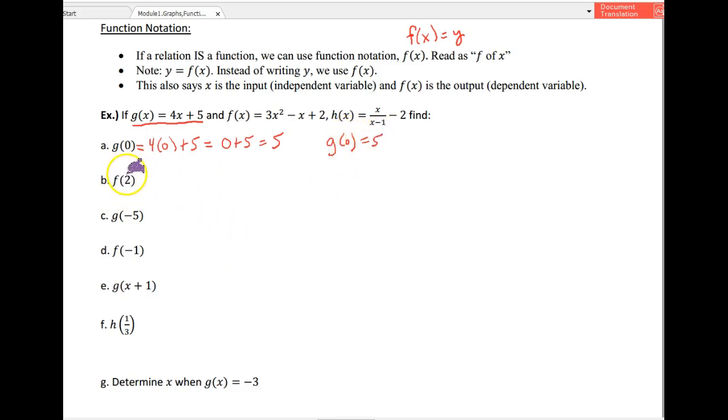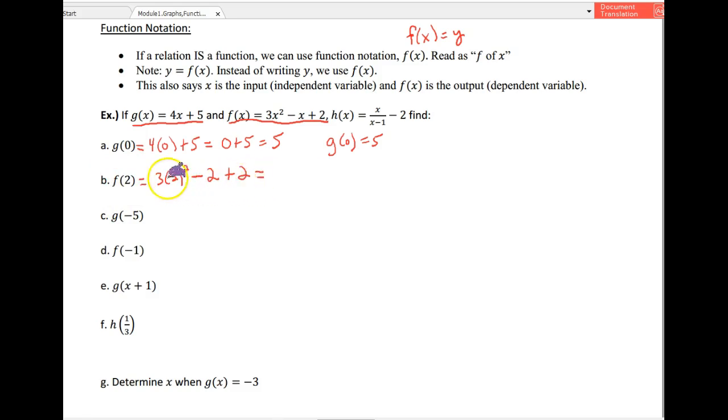And do the same thing with function f. So now I'm using the second function here. And everywhere I see an x, I'm going to plug in 2. So 3 times 2, that quantity squared, minus 2, plus 2, right? So every place we saw an x, we're filling in the value of 2. The input was 2. And I want to know the output. I want to know what y equals.